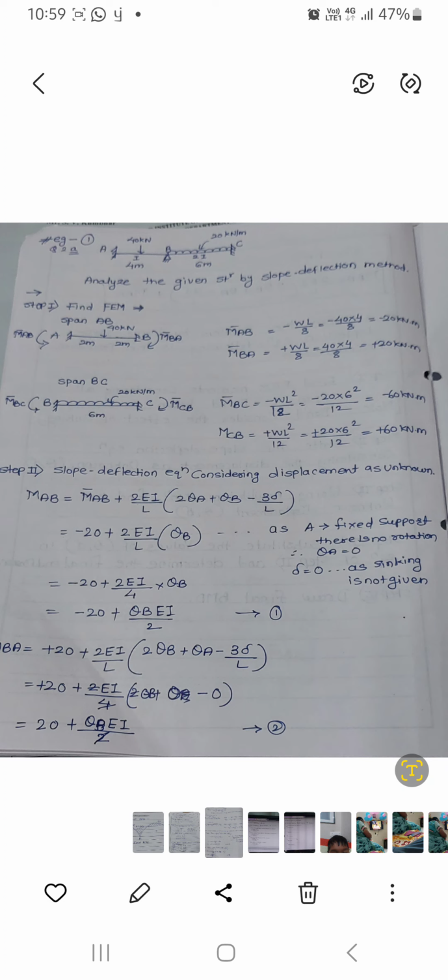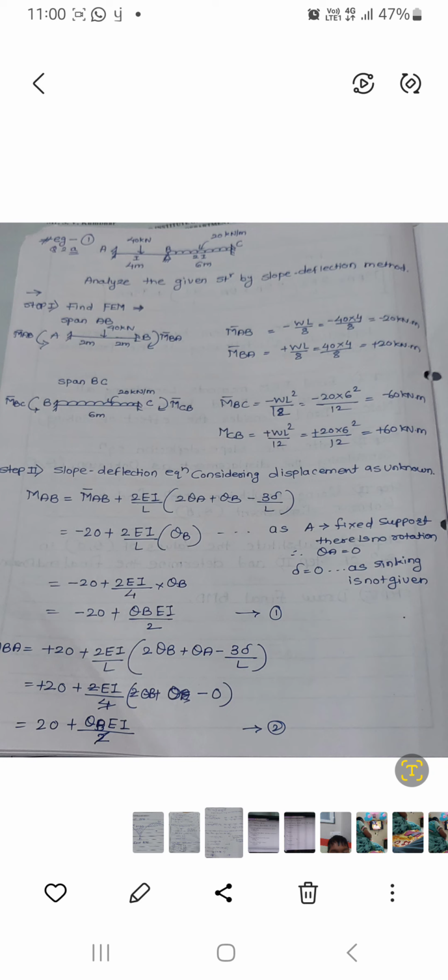Now for the span AB, which has the centrally acting point load, the fixed end moment formula is minus WL by 8 and plus WL by 8. That means the moment which is anti-clockwise should be taken as negative, and the moment which is clockwise should be taken as positive. So use this formula, minus WL by 8 and plus WL by 8. Just put down the values and calculate the fixed end moments for the AB span.